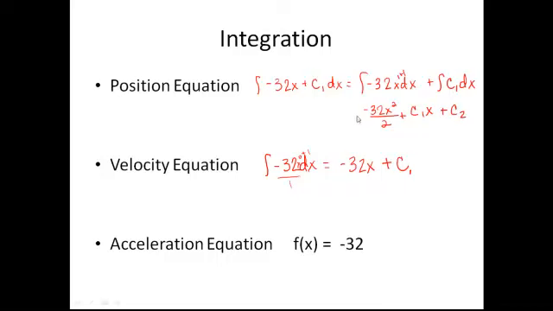So finally, for the heck of it, instead of calling this c sub 1, call it v sub 0, v sub 0 times x, plus, and I can't even remember what we called it, I think s sub 1. Okay, and right here I hope you recognize this. This right here is our projectile motion function.